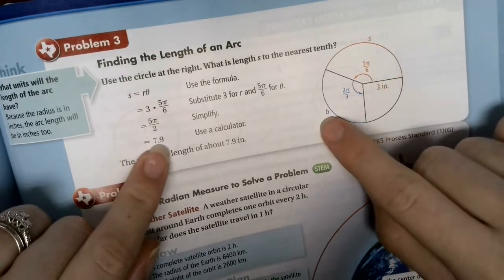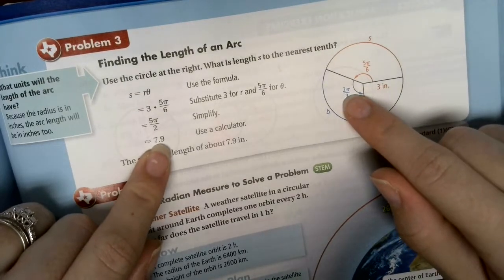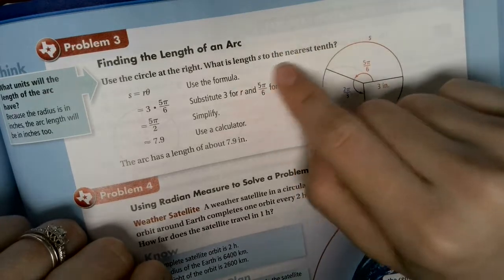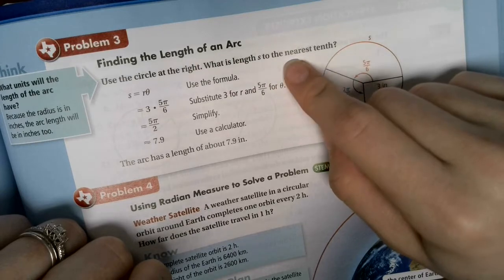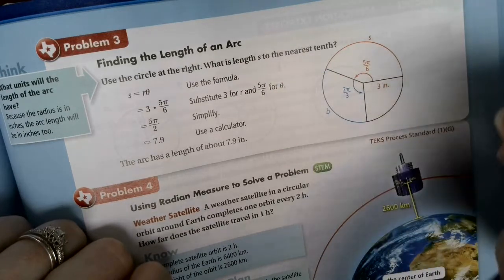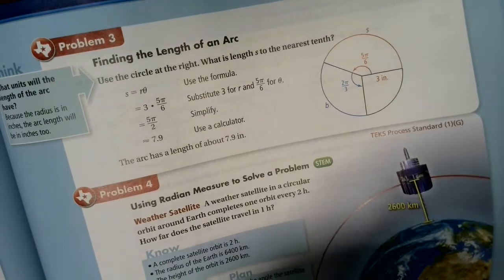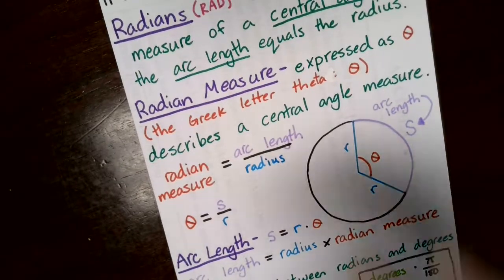And if I wanted to find B, I would just do 3 times 2 pi over 3. So nothing too crazy is happening here, and that one says to round. Most of the time we leave it in terms of pi unless it says to round. So make sure you're reading a question carefully enough. So that's what 11-2 radian measure is all about.